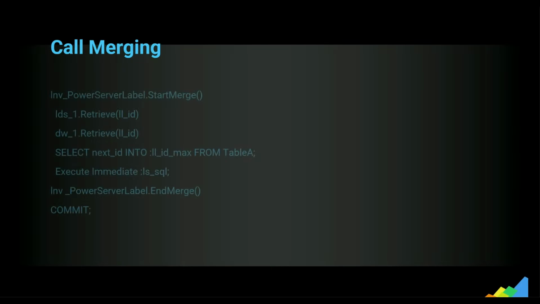Let me show you a couple of examples to make that clear. The script here encloses, between the StartMerge and the EndMerge functions of the PowerServer label object, a number of server calls like DataStore Retrieve, DataWindow Retrieve, and embedded SQL, and then ExecuteImmediate of this SQL. So 4 server calls.